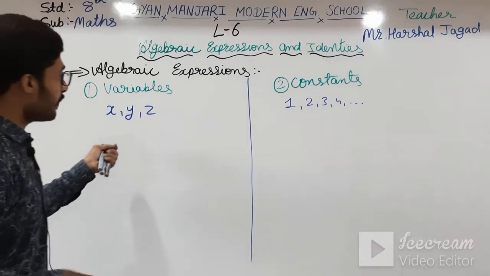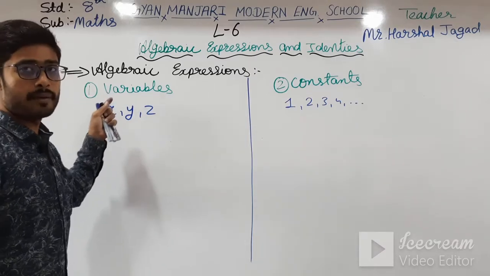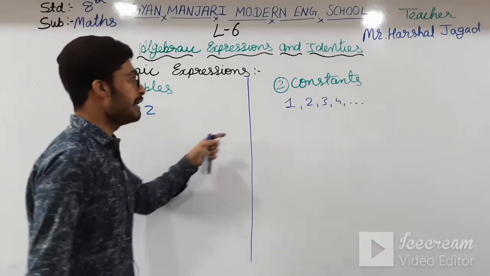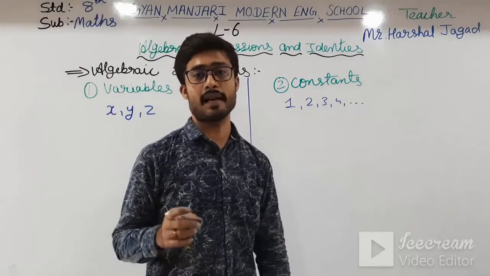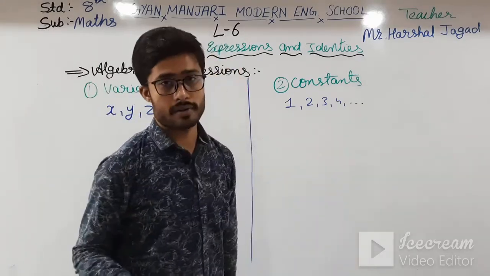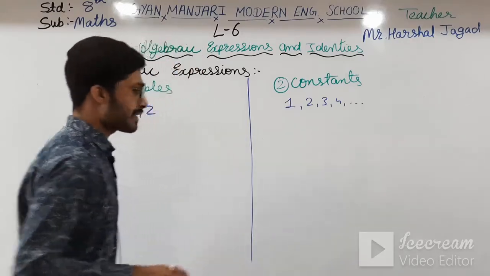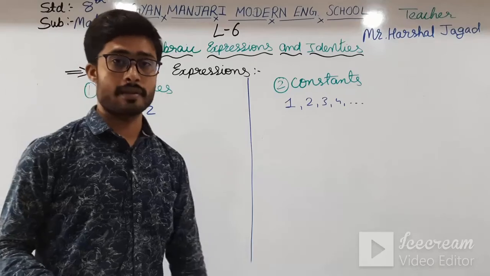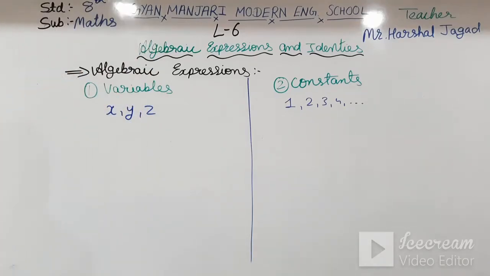So in simple language, x, y, z are variables, and the numbers which represent themselves are known as constants. Here in your textbooks there is a definition of variables and constants. Let us see that and write that.